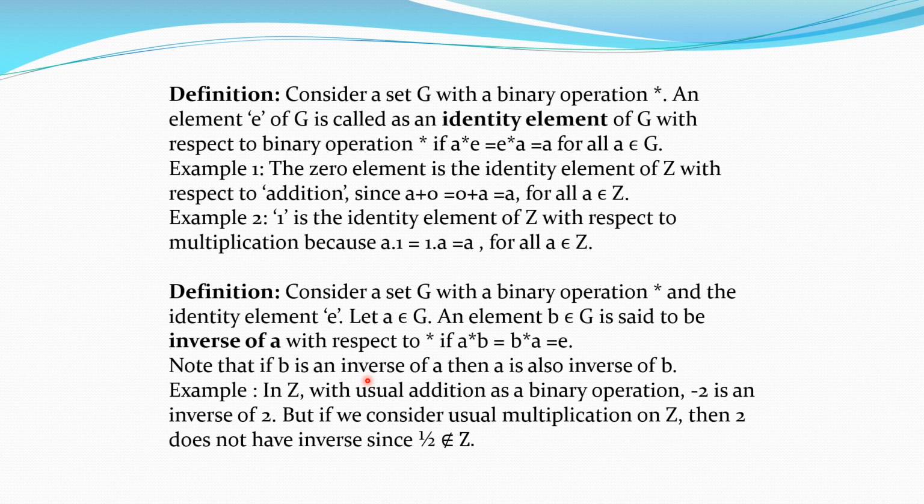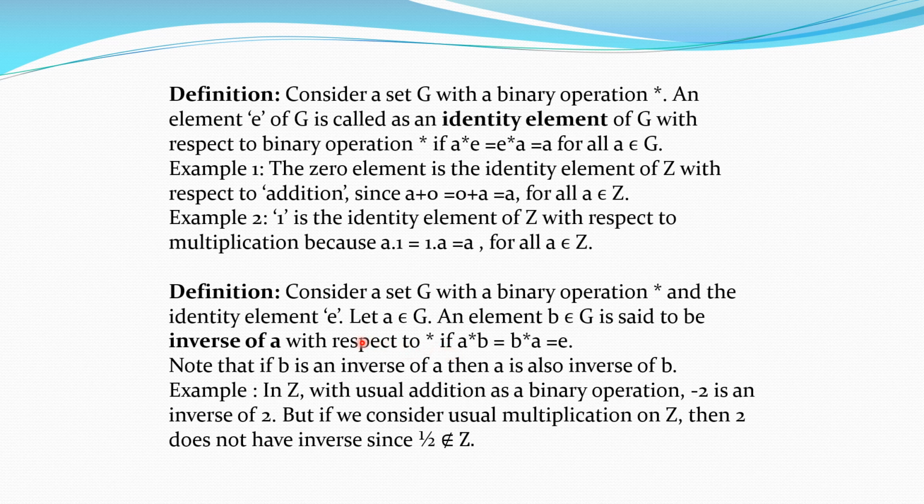Now in Z with usual addition as a binary operation, minus 2 is inverse of 2 because already we have seen that in Z with respect to addition, 0 is the identity element. So E is 0, and if A is any element of Z, then to find its inverse, we simplify this equation. Now star is addition. So A plus B equal to B plus A is equal to 0.